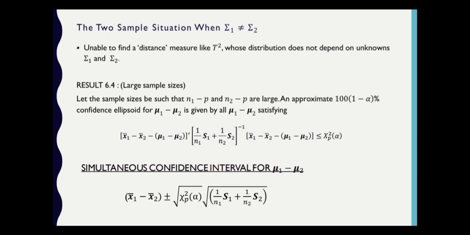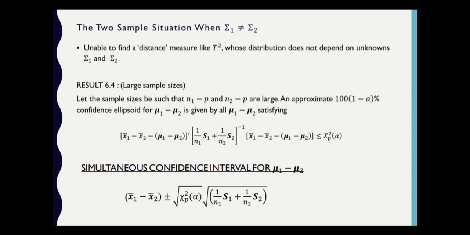Okay, let's see. If this happen, we unable to find the value of t square. So we will change daripada F distribution kepada chi-square distribution, but if and only if it involve large sample size.